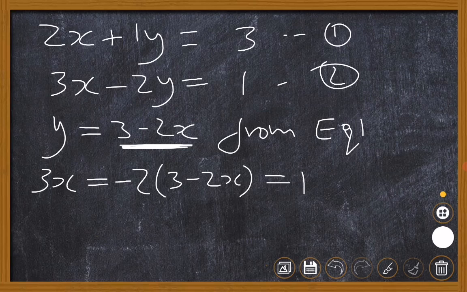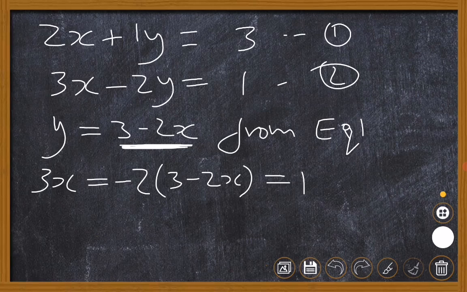The reason we're doing this is that now we've got one equation with one unknown, and the only unknown here is x. So now it's easy to solve. That's why we chose one of the equations, found what y is, and substituted it into the other equation. You don't substitute it into the same equation, you substitute it into the other one.